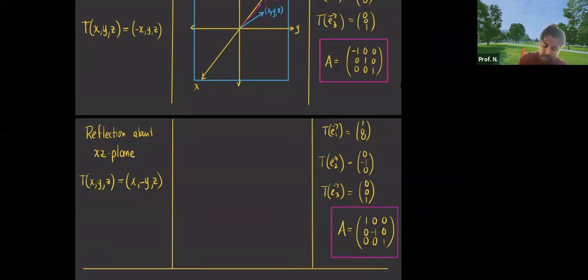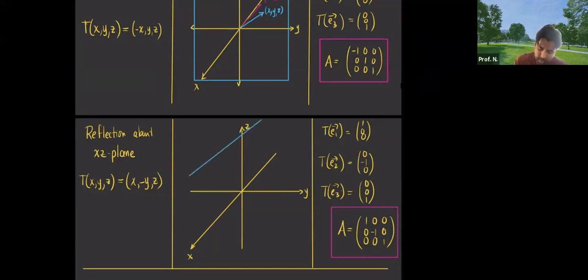And of course, in my attempt to represent this geometrically, call this X, call this Y, call this Z. And now I'm considering the XZ plane, which looks like this. That's the XZ plane that I'm trying to reflect the vector about.